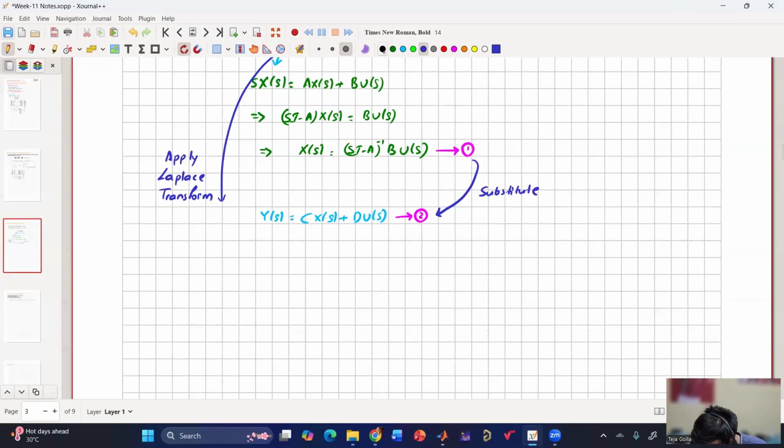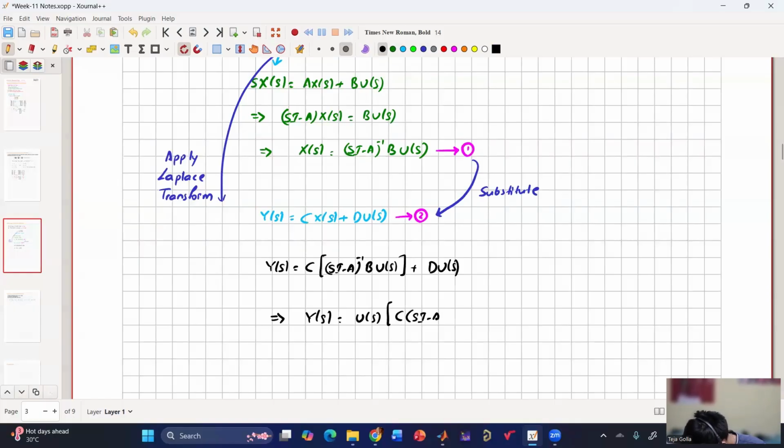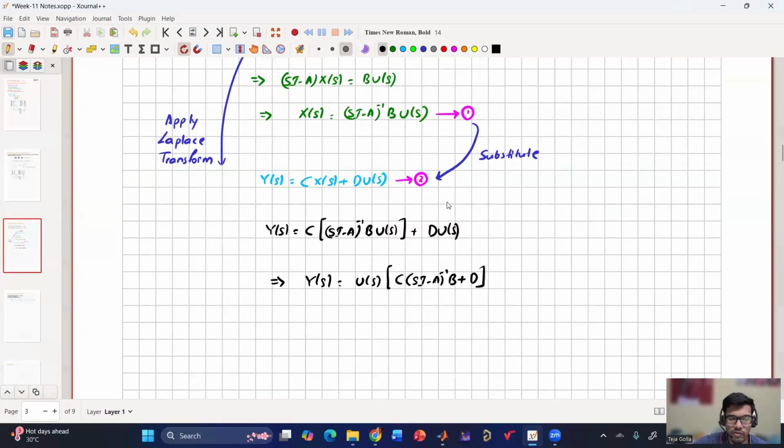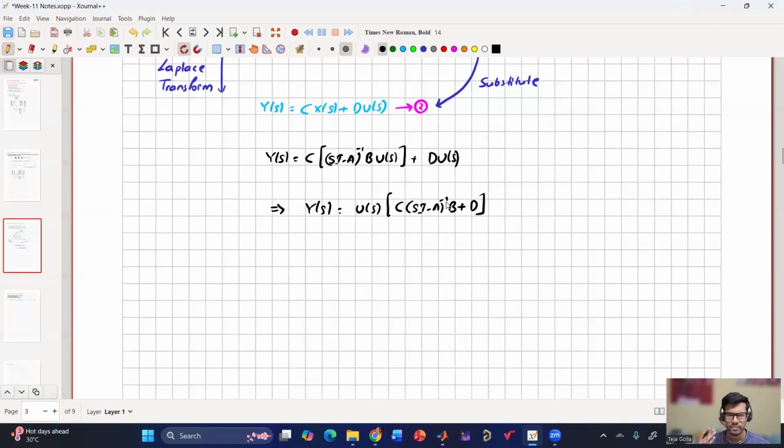We will be getting Y(s) equals C times X(s), which is (sI minus A) inverse B U(s), plus again D U(s). Now take U(s) common. So Y(s) is U(s) times [C (sI minus A) inverse B plus D]. If I bring U(s) to the left side, I have the input-output relation.